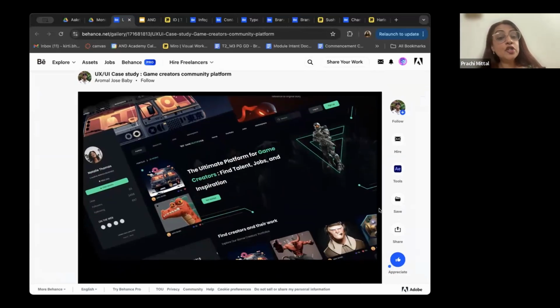The idea was to create a platform for game creators, people who create games, to find talent. So people want to hire different skill sets, or people want jobs, and people want inspiration.